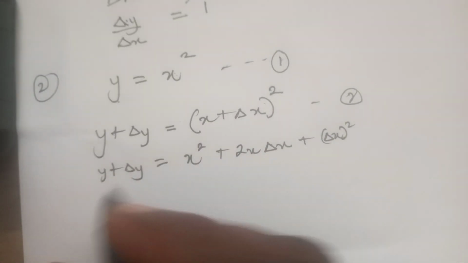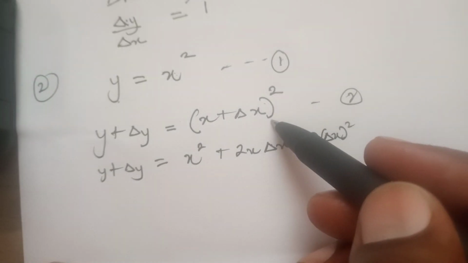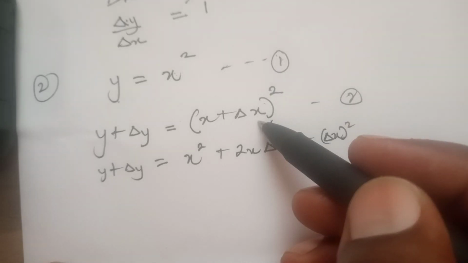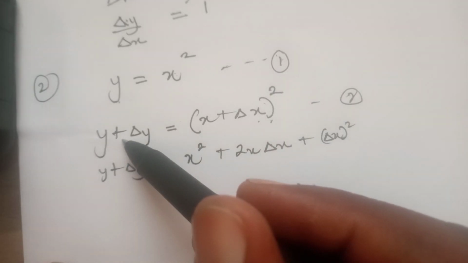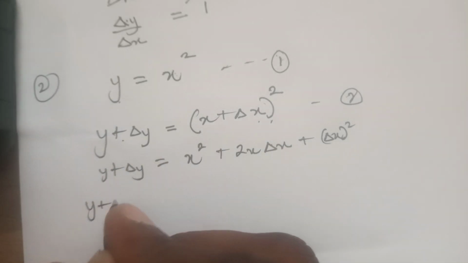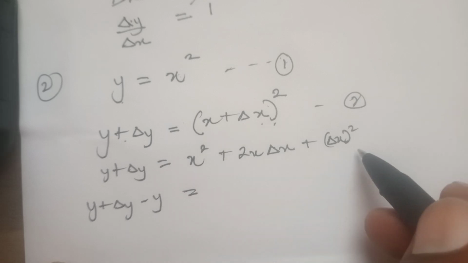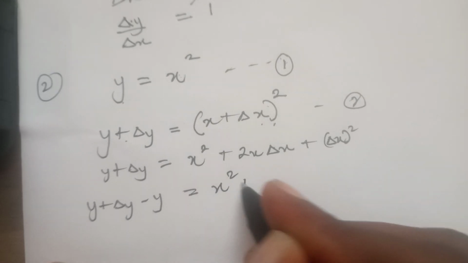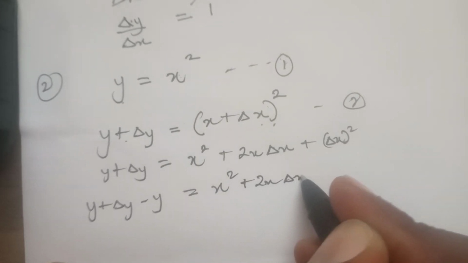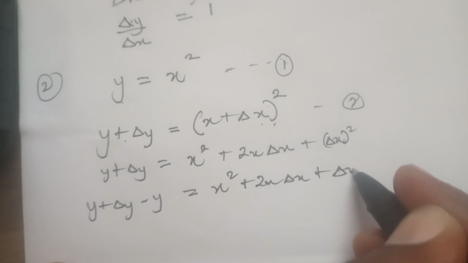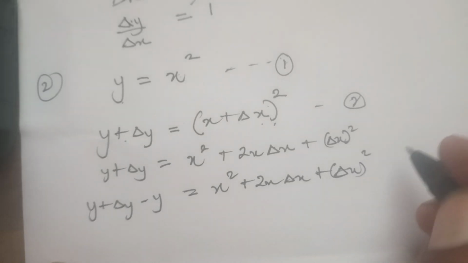So the same thing, you subtract equation 1 from equation 2. Simply the left hand side of equation 2 minus the left hand side of equation 1. All right, y plus delta y minus y equals the same thing for the right hand side, x all squared plus 2x delta x plus delta x all squared minus x all squared.